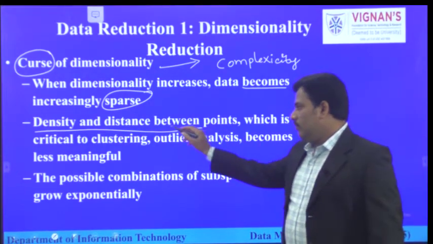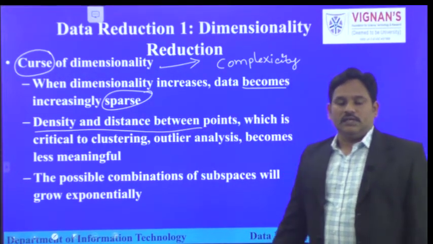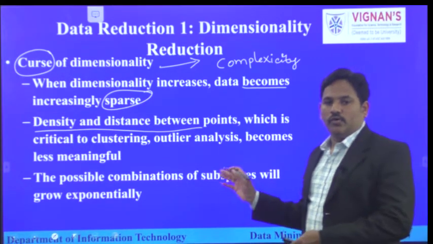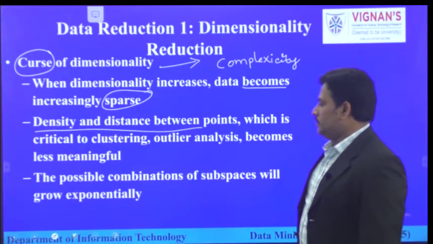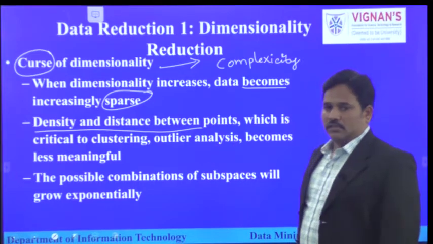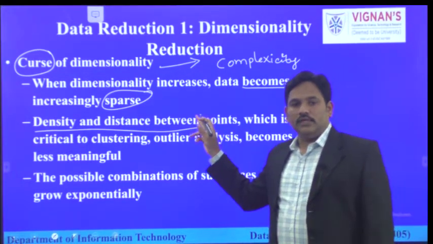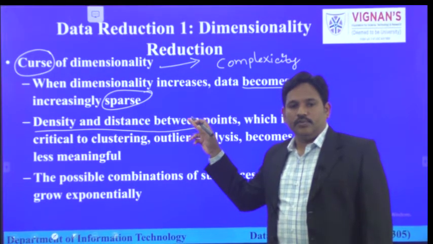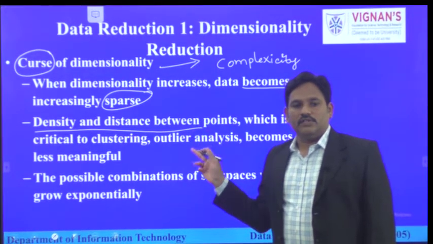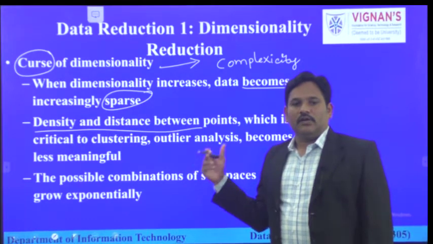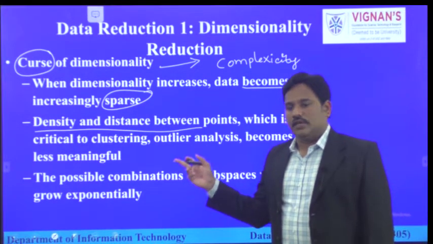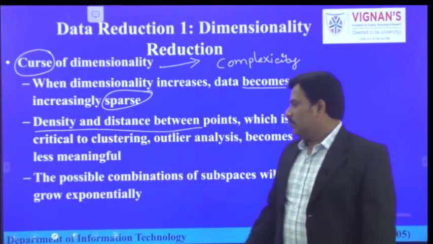Now here we want to find out the density and distance between the points. Those points we call attributes here, which is critical to clustering. When we want to find the distance between points or attributes where the attribute count is on a larger scale, the calculation of the distance among all those attributes will also become a complex activity.